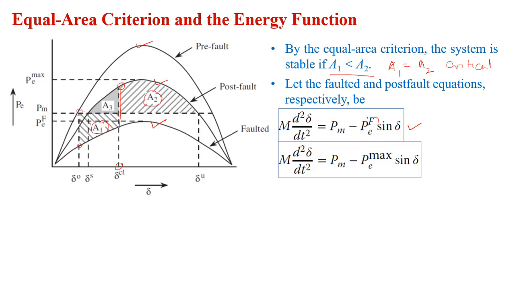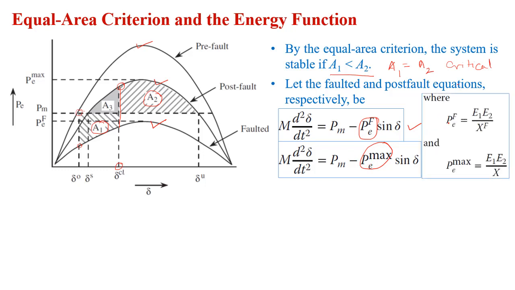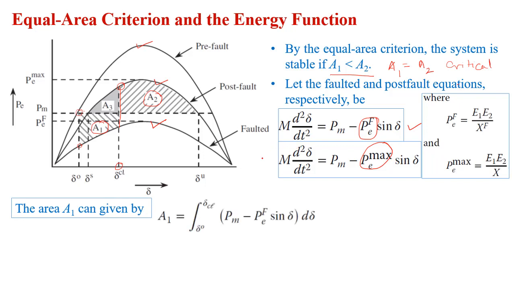Pf is during the fault, and P max is after the fault. Their magnitudes are different. Here Pf is E1 E2 by Xf, and P max is E1 E2 by X. So the area A1 can be given by this expression.